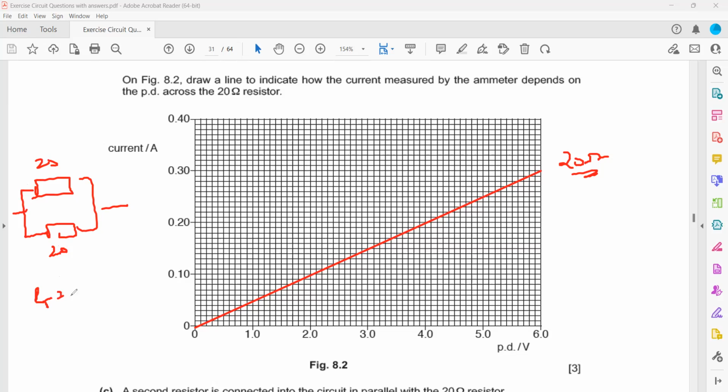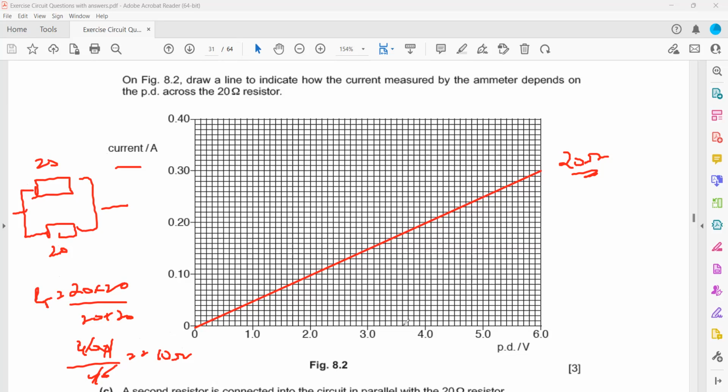The product divided by sum. So it will be 20 into 20 divided by 20 plus 20. So it will be 400 divided by 40, which is equal to 10 ohm.